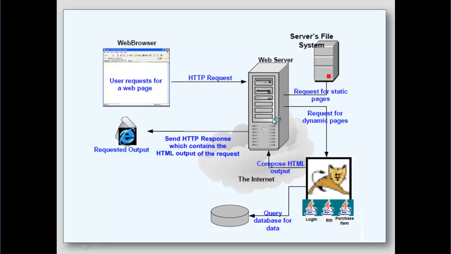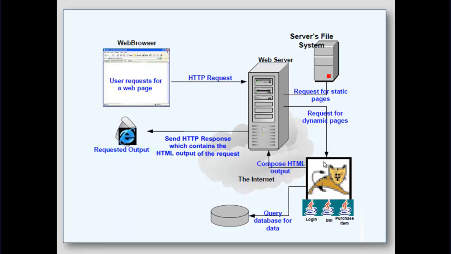Otherwise, if the request is for some dynamic page, say a student is entering his or her roll number and wants his result, so this is actually a dynamic request. So what the web server does, it forwards the request to the web container.